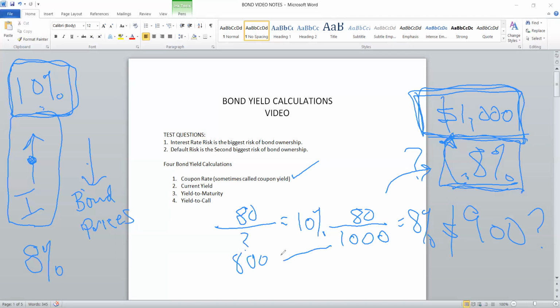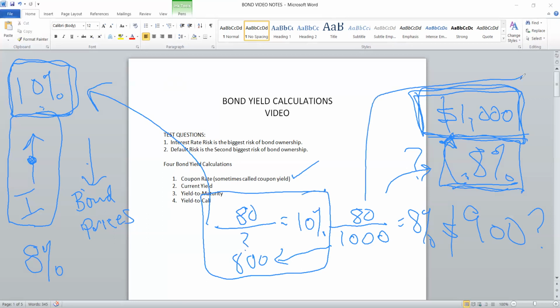Its price would have to fall from $1,000 down to $800 to give the purchaser a 10% return to match what is happening in the marketplace. So overnight, the Fed raises rates, bond prices fall, to keep an older but existing investment in line with a new one that might be printed today. That's the concept behind this.